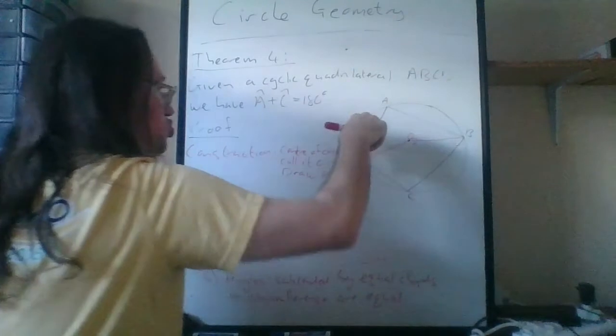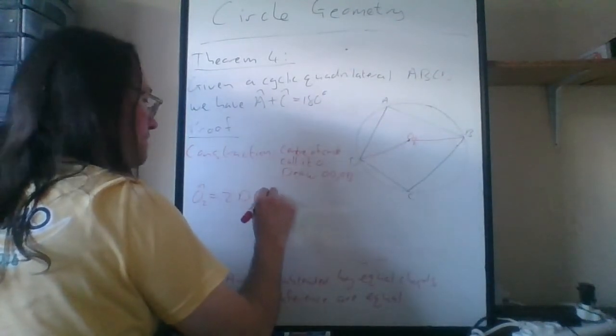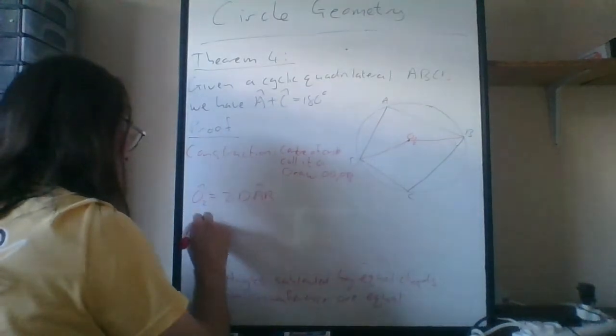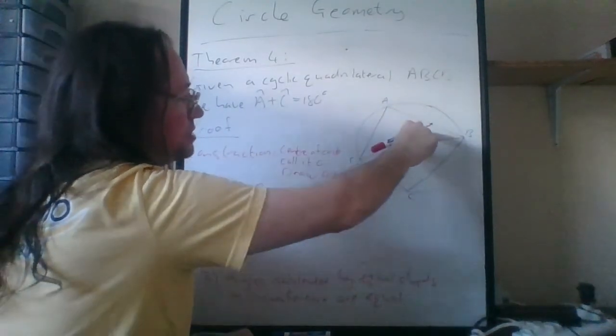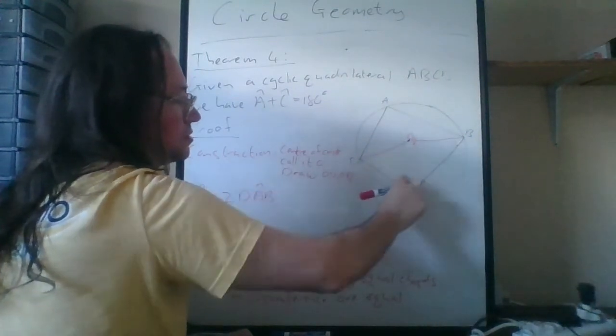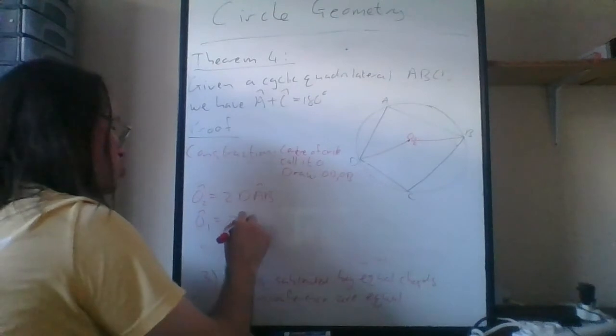Angle O2 is equal to twice angle DAB, and angle O1 is equal to twice angle DCB, on the other side of DB, since the angle at C will be half the angle at O1.